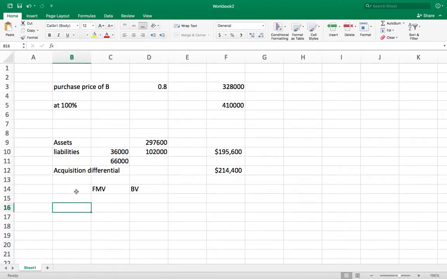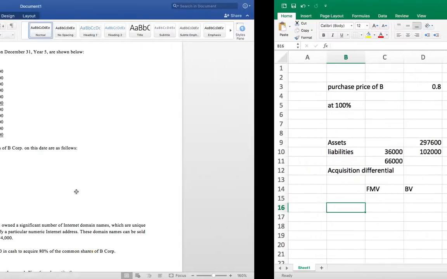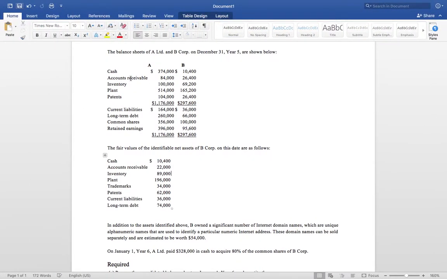Going back, accounts receivable has a book value of 26,400, but the fair market value is 22,000. Inventory fair market value is 89,000, but on the book we have 69,200. So you have to find that difference.